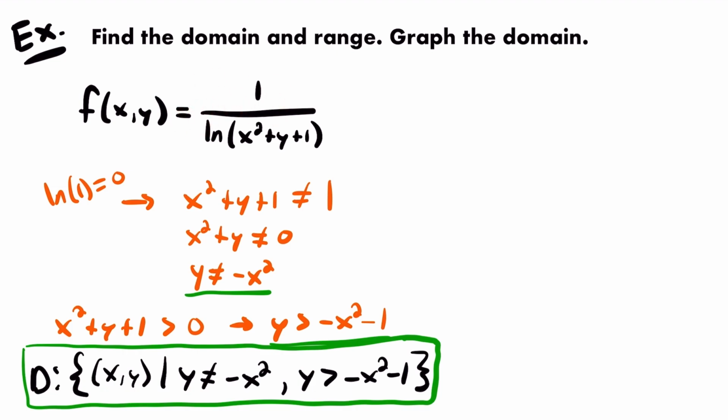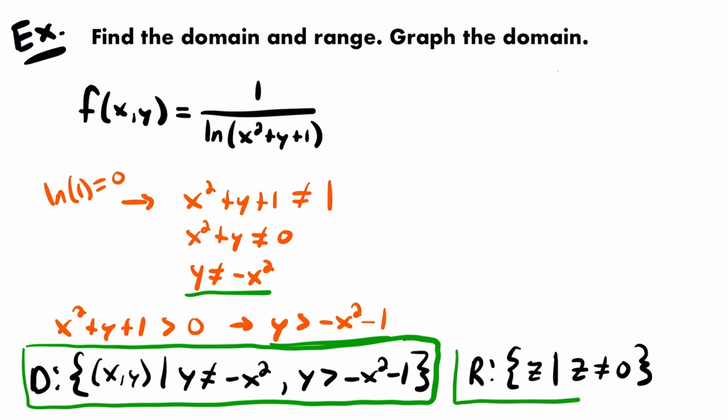So the only output value that can't happen here is 0. Everything else is on the table. Okay, so the range here is all values of z such that z is not equal to 0. That is the only value of z that is not possible for the range.